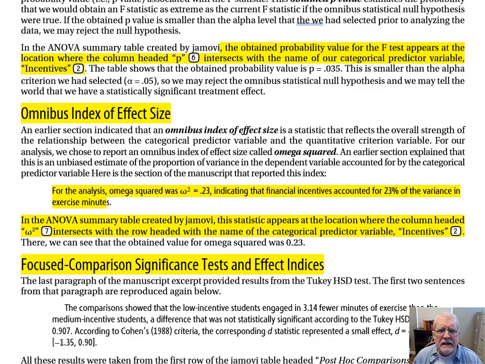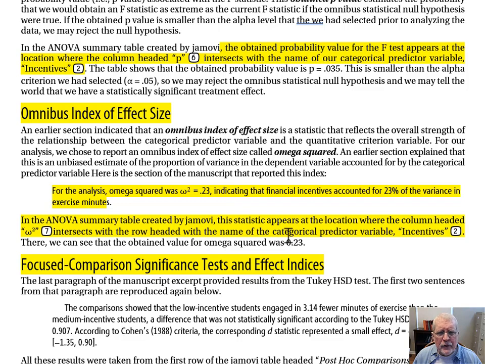The omnibus index of effect size is the statistic that reflects overall strength of the relationship between your categorical predictor variable and the quantitative criterion variable. Skip down to my excerpt highlighted here. For this analysis, the omega squared value was 0.23, indicating that financial incentives accounted for 23% of the variance in exercise minutes. That's how I wrote it up in the summary.